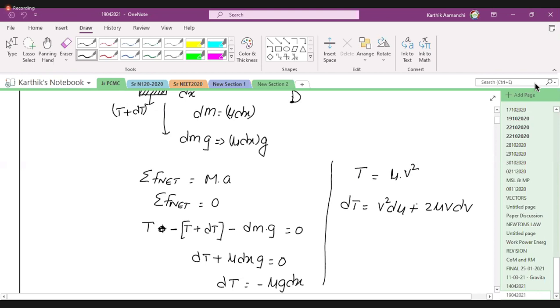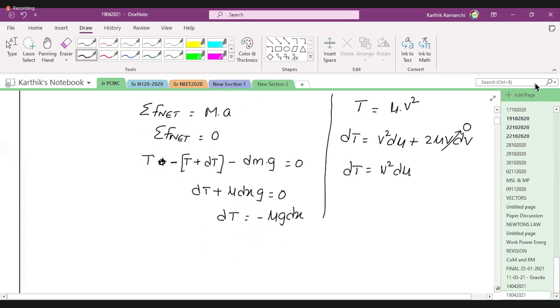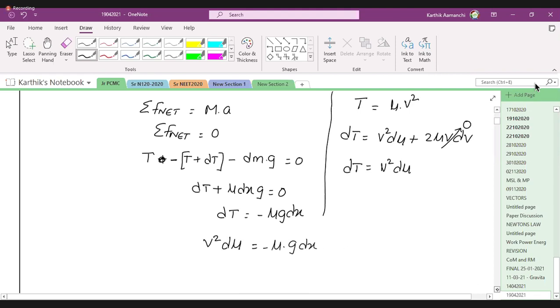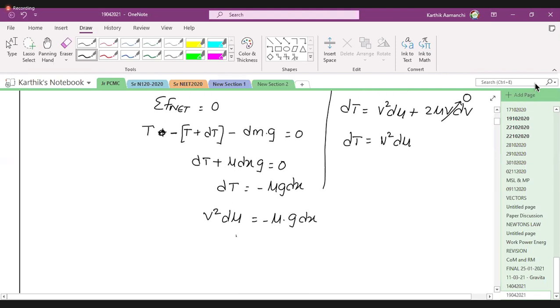He said velocity should be independent of z, right? So dv becomes 0 and your dT will just become v square into d mu. So substitute that here: v square d mu is equal to minus mu g dx. From this, d mu by mu is equal to minus g by v square into dx.